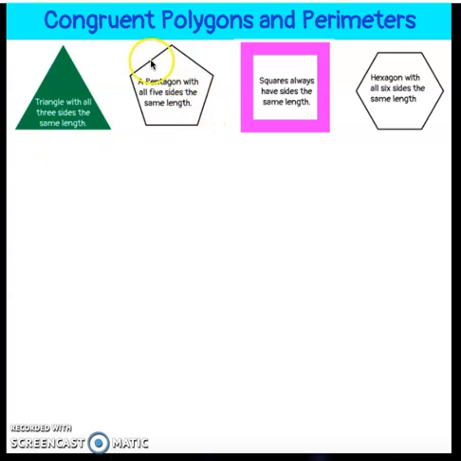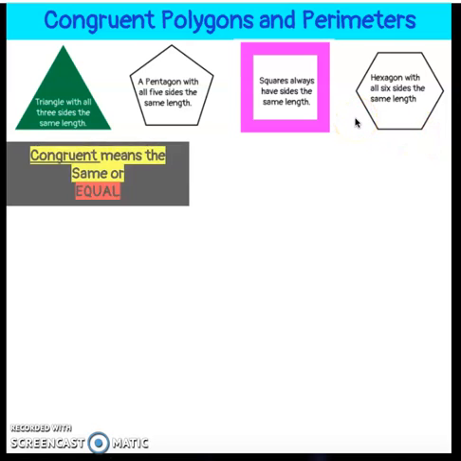A pentagon has 1, 2, 3, 4, 5 sides, and each side will be the same length. We've learned previously that a square has all equal sides, but a congruent hexagon has 1, 2, 3, 4, 5, 6 sides, and all 6 sides are going to be equal.